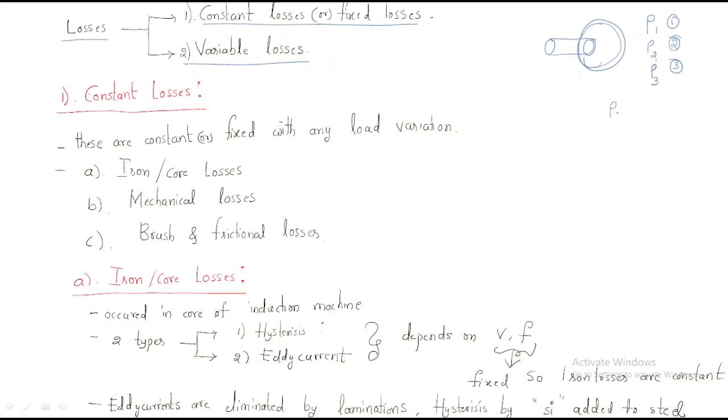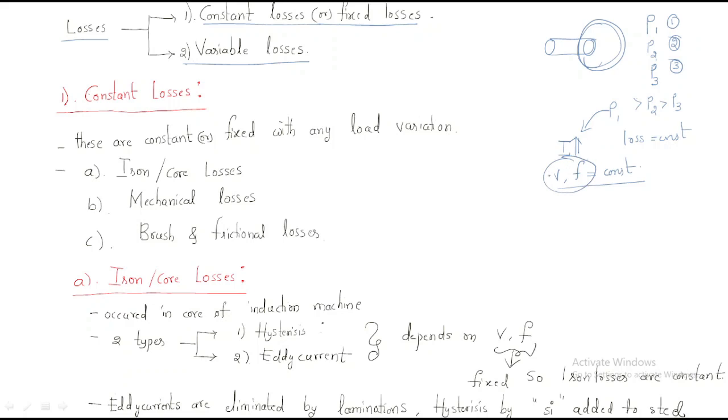In any case, the load changes but the loss is fixed. Loss is constant. What is the reason? When power increases, automatically the current value increases, but voltage and frequency are both constant.